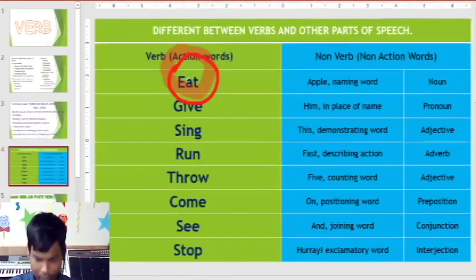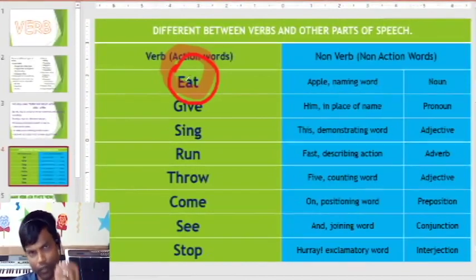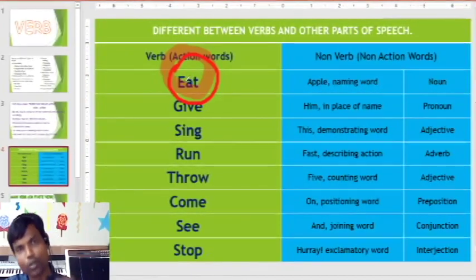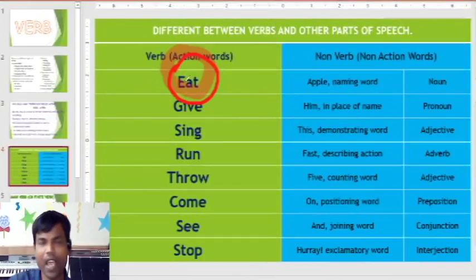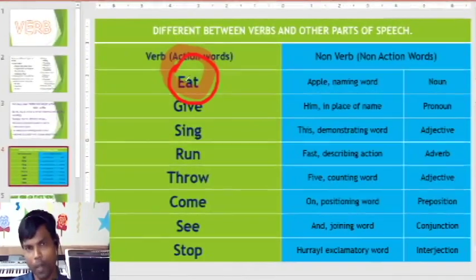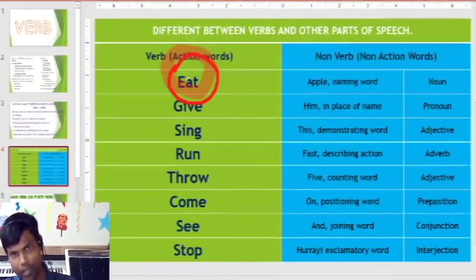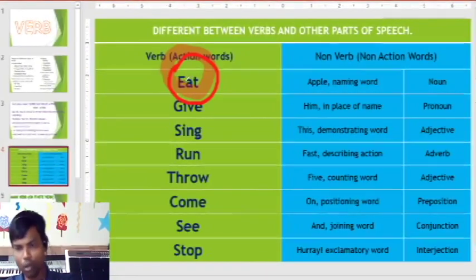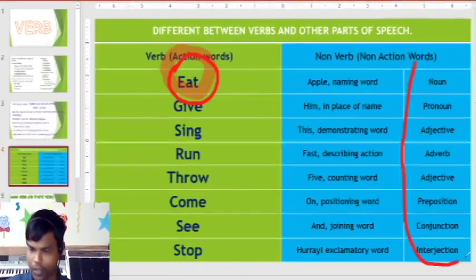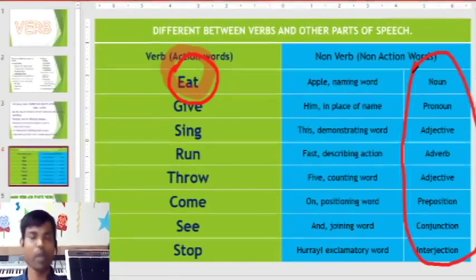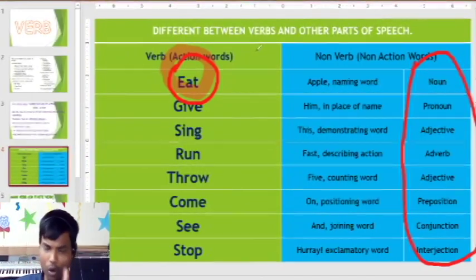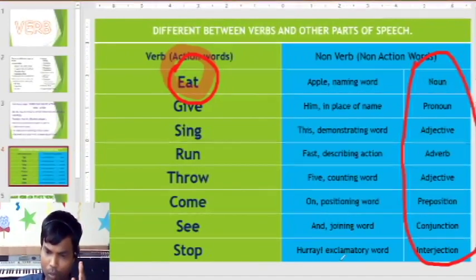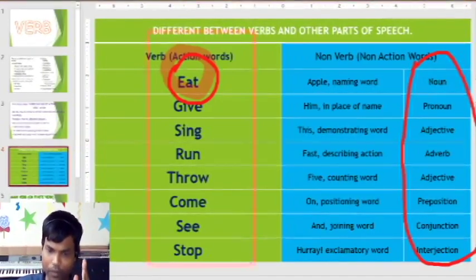But if I combine these two words together, eat an apple, eat tells you to do the very act of eating. Whereas the apple is just a name, we call it a noun. So one side you have verb, the other side you have non-verb. Now don't get confused with all these words because we will be covering them one by one. Just focus on what we are doing, that is this verb.